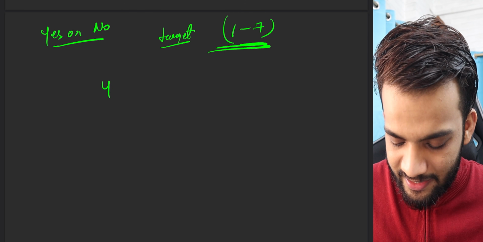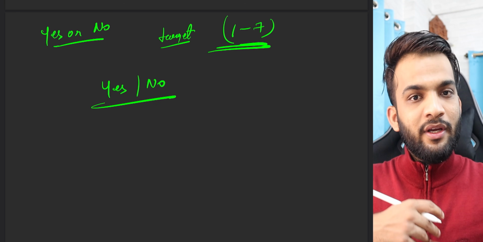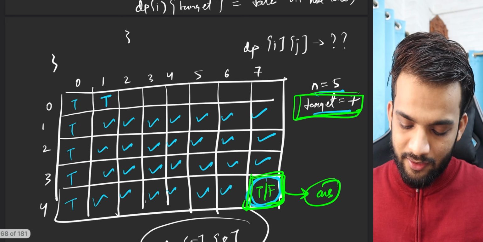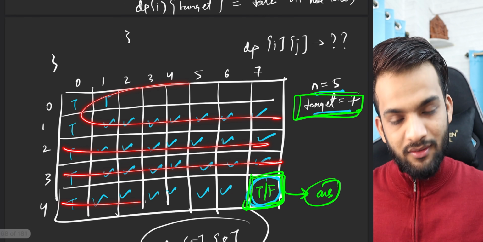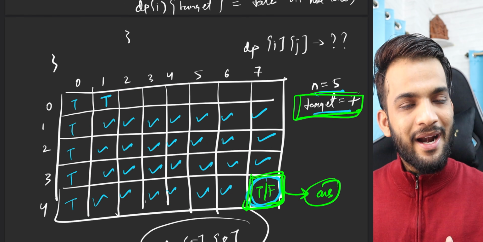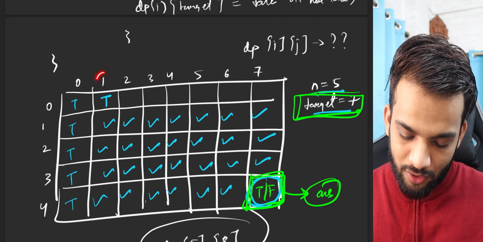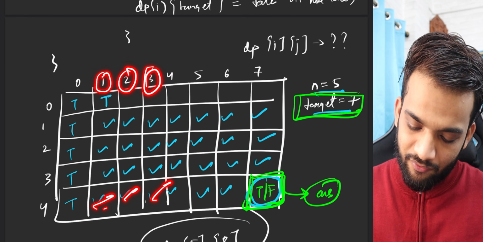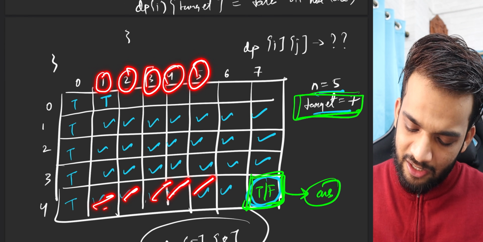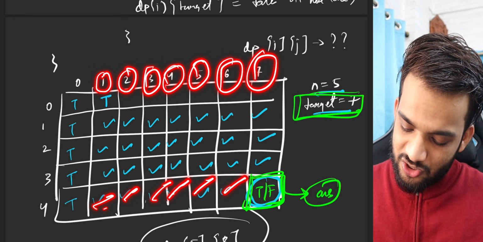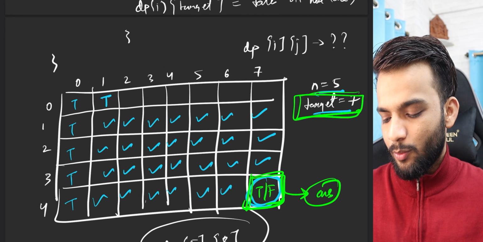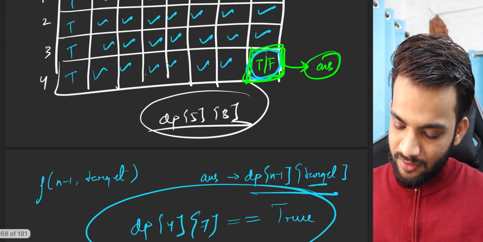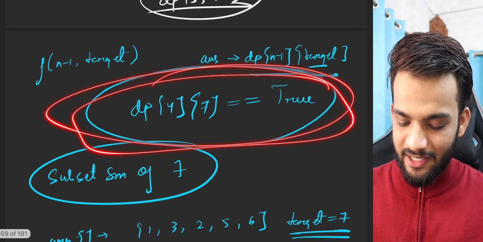I can definitely say yes or no if I write the tabulation, because the tabulation makes sure that I fill the entire matrix, and eventually I will get to know if I can achieve 1, 2, 3, 4, 5, 6, 7. And just because the question asked 7, we picked up this cell and said this is our answer, dp of 4 of 7.